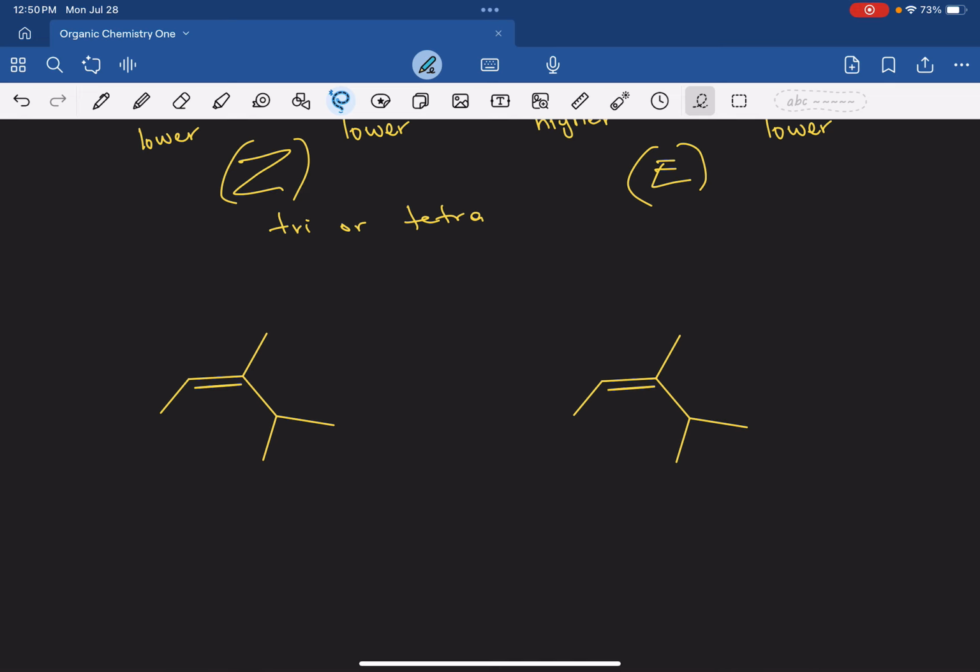So first thing, let us determine: do I have a tri- or a tetra-substituted alkene? In order for you to determine that, always do this first. Find your carbon-carbon double bond, and if you have any hydrogens on those carbons, put them in.